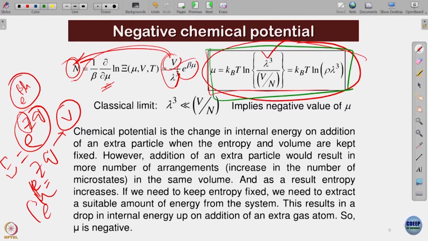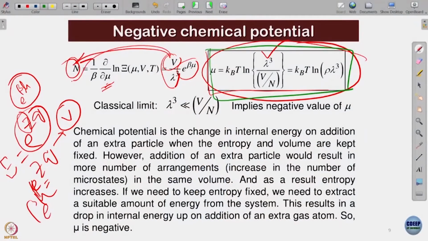Many times we write ln rho, which is not correct, because you cannot put a dimensional quantity within a logarithm or in an exponential. So something is missing in these equations, but in classical physical chemistry we just write ln rho; there is always that lambda cubed function there.